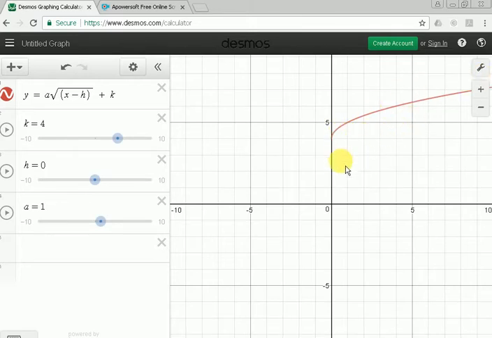My graph's not down here at all. So it's not affecting my range below 4. So my range is 4 and above. Y is greater than or equal to 4. When I go negative, it just moves it down. So what's my range now?